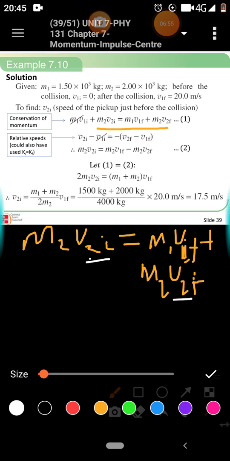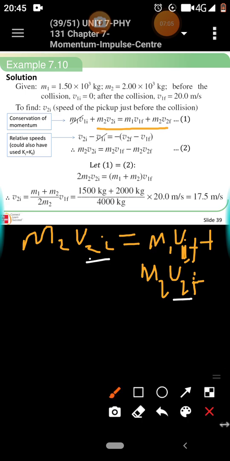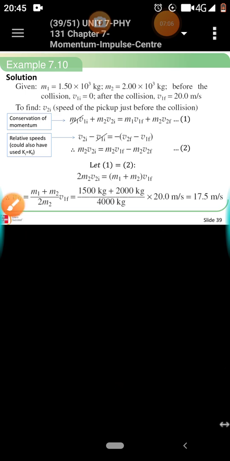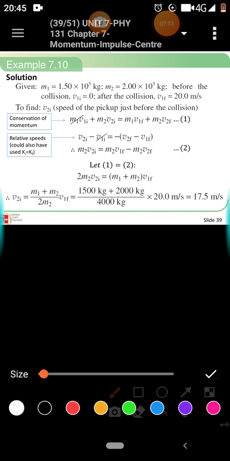So what we'll do now is use the conservation of kinetic energy, which will help us to solve the two unknowns.